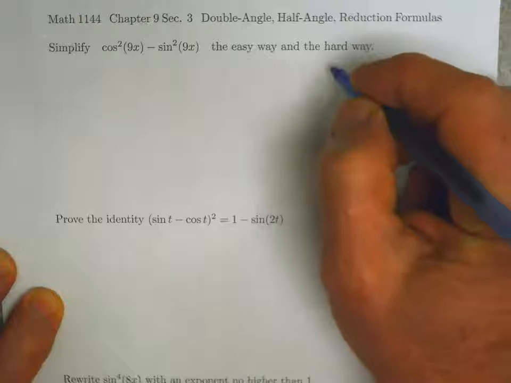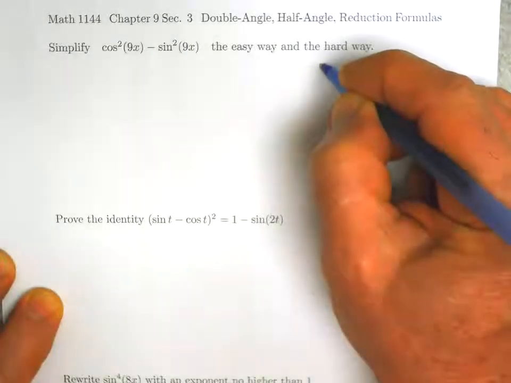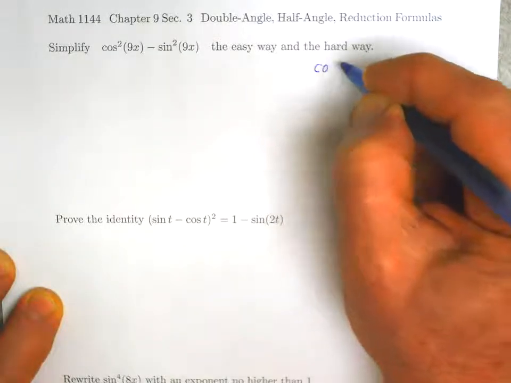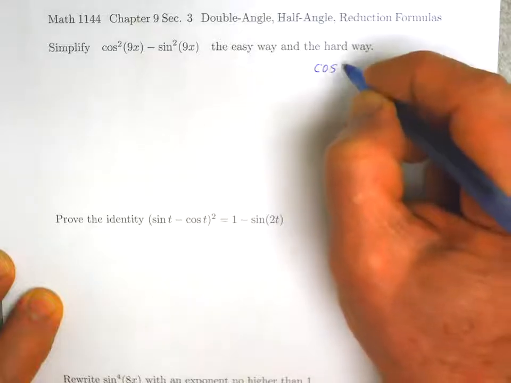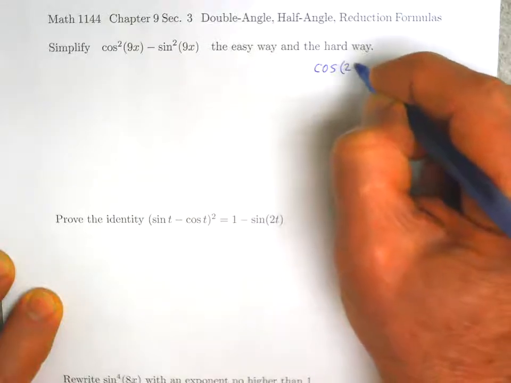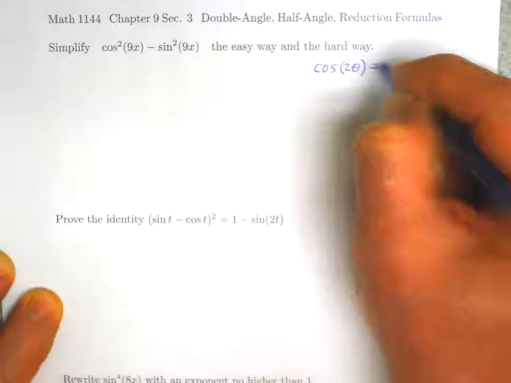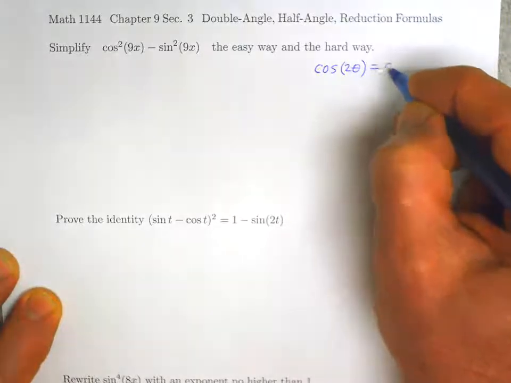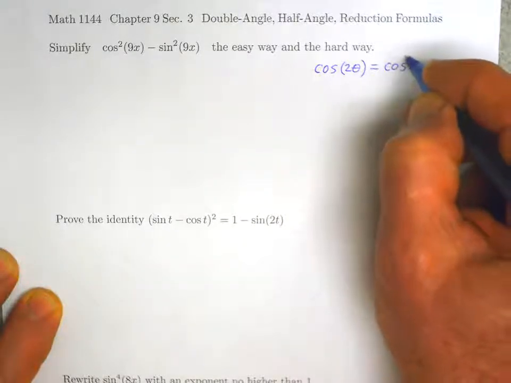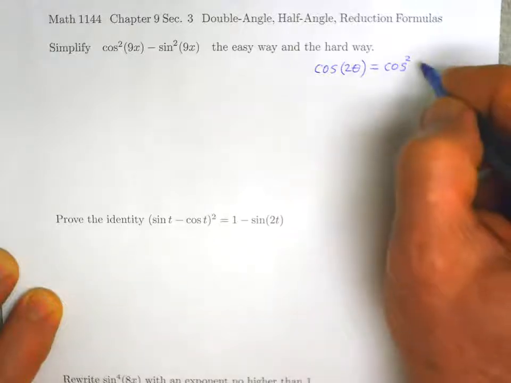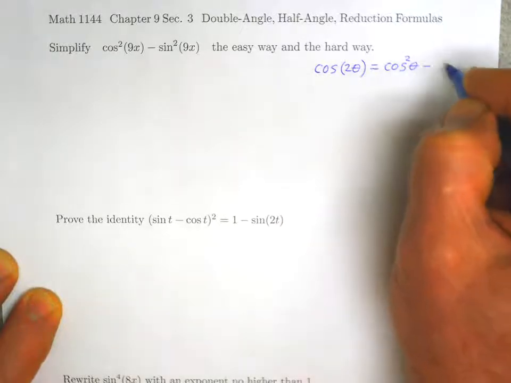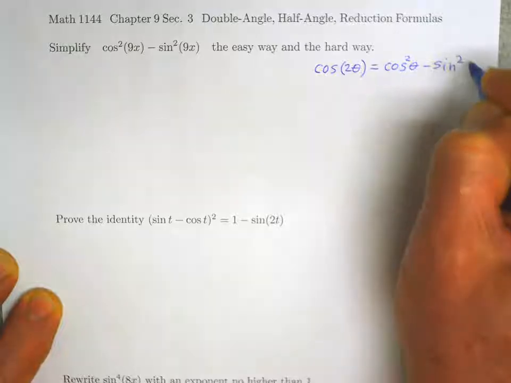So if you remember, cosine of 2 theta is equal to cosine squared theta minus sine squared theta.